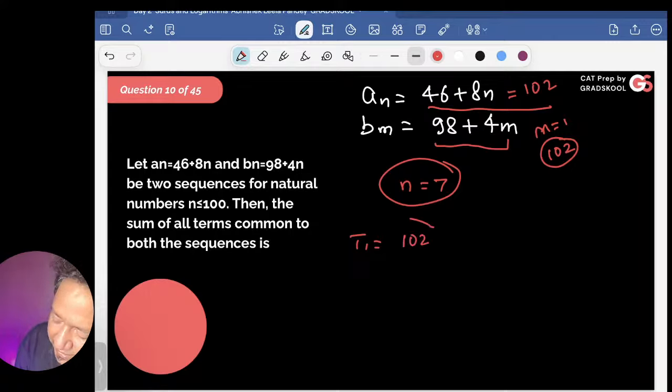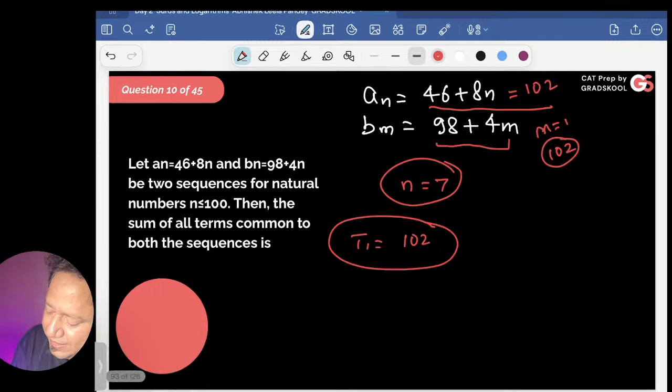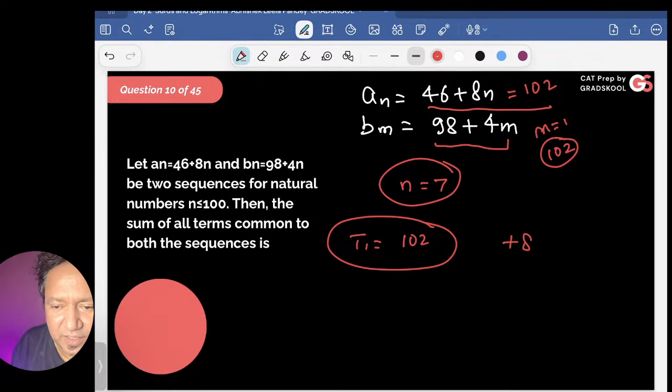We got it automatically. And because the first is increasing by 8, second by 4, the LCM is 8. So for every 8 terms, 8 is the common difference. That's all. 8 is the common difference. Clear? और n की वैल्यू 100 से कम होनी चाहिए, इतना हमें पता चल चुका है.